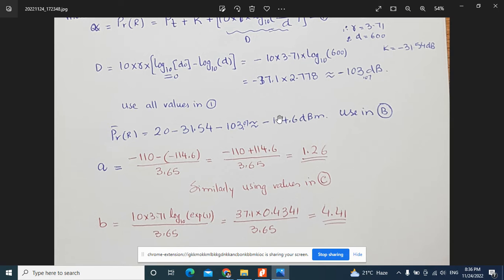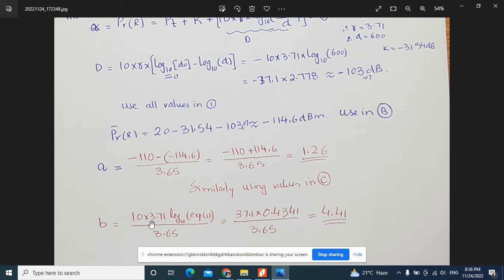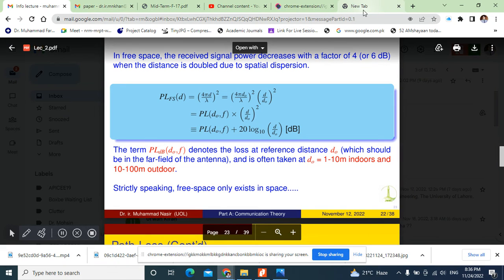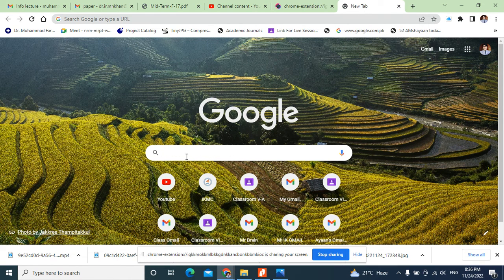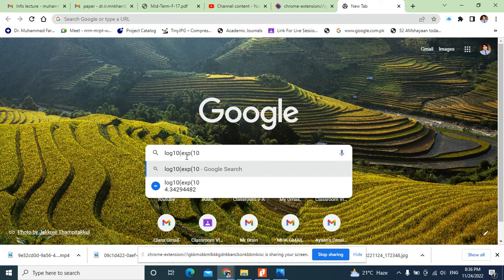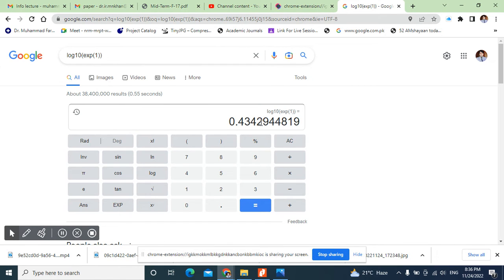Similarly, you can use the values in the equation for C. So 10 and gamma is 3.71, and then you write all these values: 10 into 3.71 log 10 and exponential 1. You can use your calculator, but I usually use Google. I write log 10 and then exponential of 1, and if you press enter, you can see the answer is 0.434.